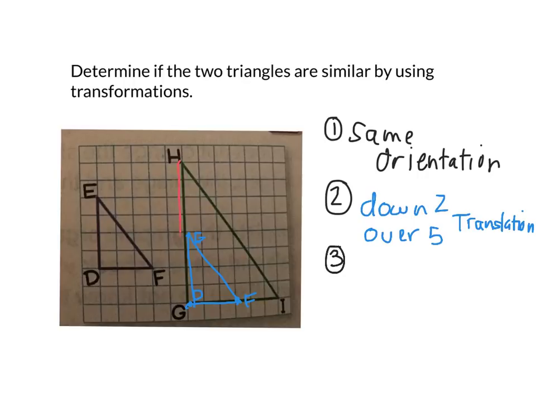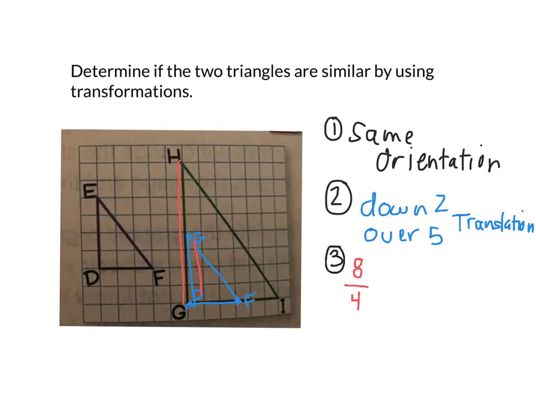So HG here is the same side as ED. HG is 1, 2, 3, 4, 5, 6, 7, 8 units long. ED is 4 units long.